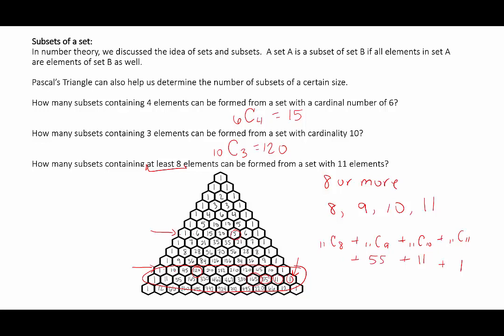And 11 choose 8 is the one right in front of that, 165. So if we add these all together, that looks like it's going to be 220, 230, 232. There are 232 subsets. That's a lot of subsets that contain at least 8 elements if we have a set containing 11 elements.